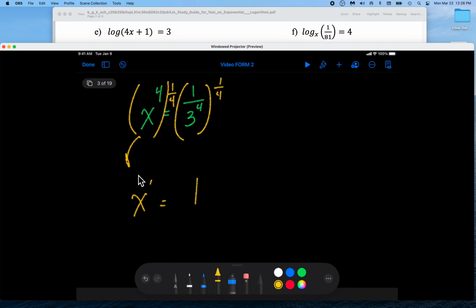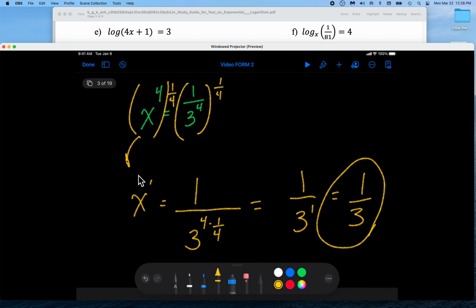Over here we're going to have 1 to the 1 over 4th power, which I'm immediately going to erase because it's just 1. And on the bottom we're going to have 3 to the 4th times 1/4. Be very careful of your fraction there. And that's going to give us 1 over 3 to the 1st, or 1 over 3.